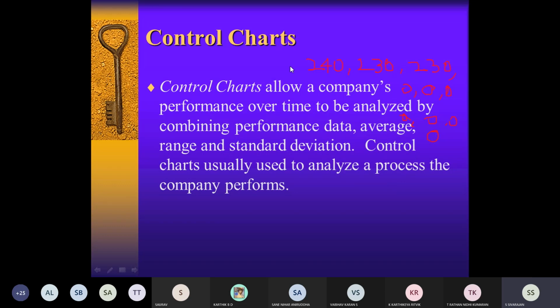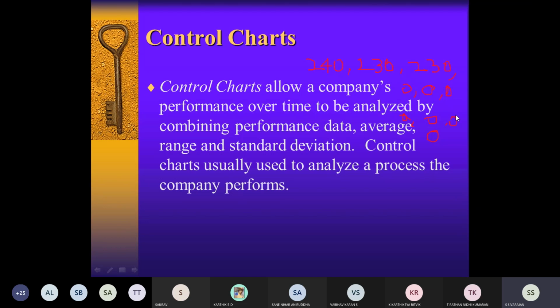So this is the data for the batsman. He has scored 240 runs, 230, 230, and zeros, over 10 innings. Just for you to understand the various statistical parameters, I'm giving this data.